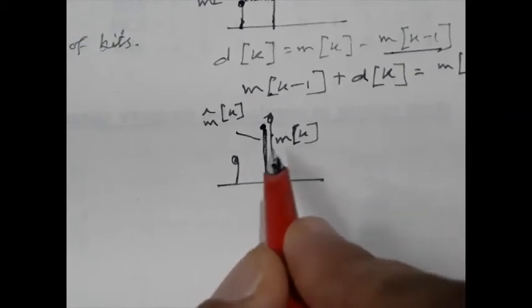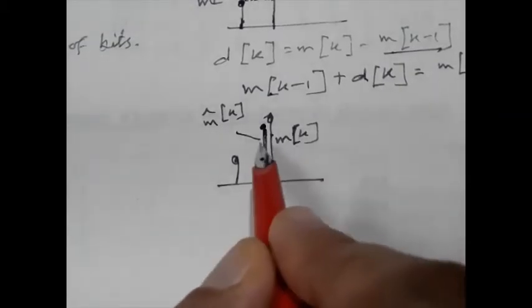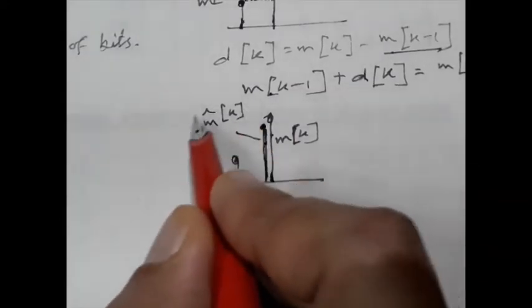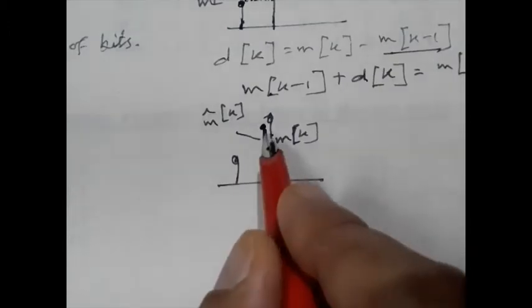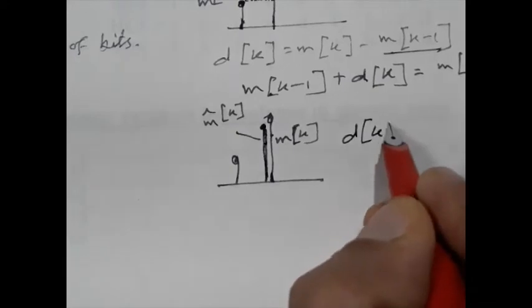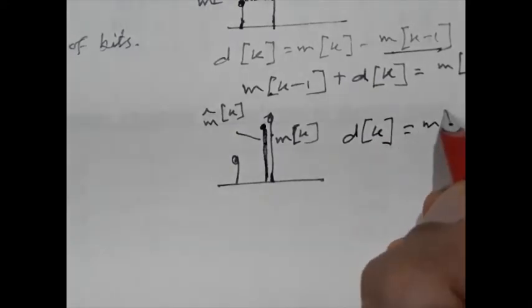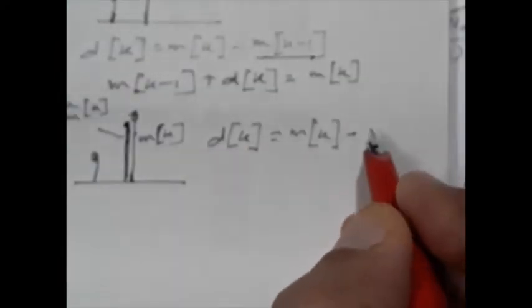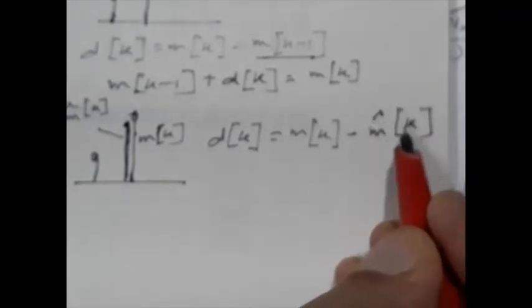So we have the original sample mk, and we estimate the original sample using some logic, and it is m cap k. We now take the difference between the original sample and its estimated value, m cap k.